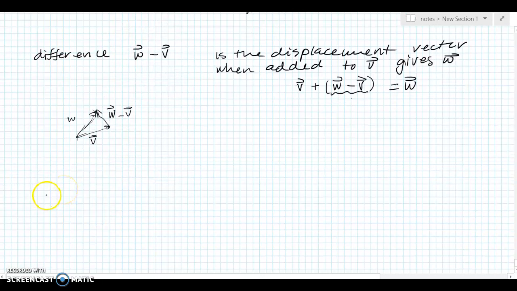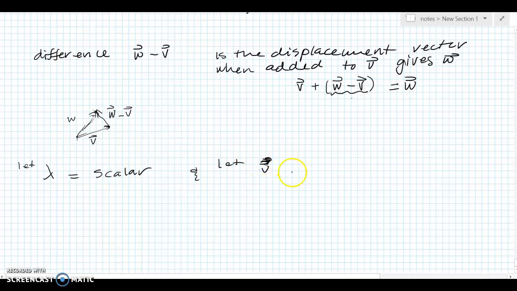Okay, what do we have? Often we let lambda be the scalar. You can choose another one, but lambda is fine. And let vector V be a displacement vector, called displacement if we're going from one place to the other.